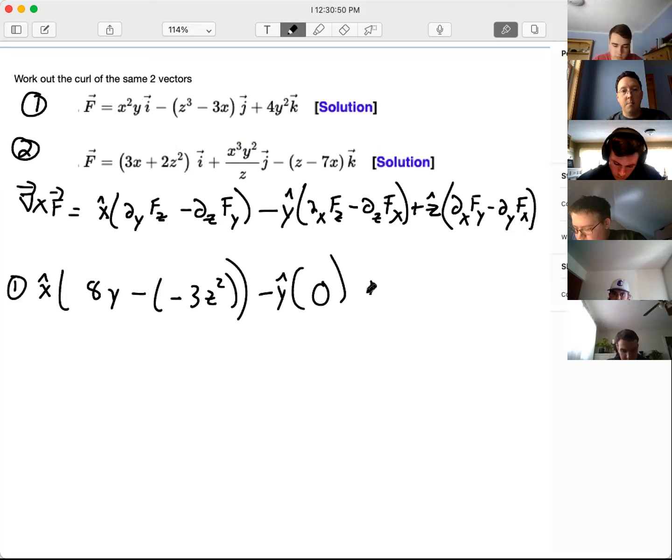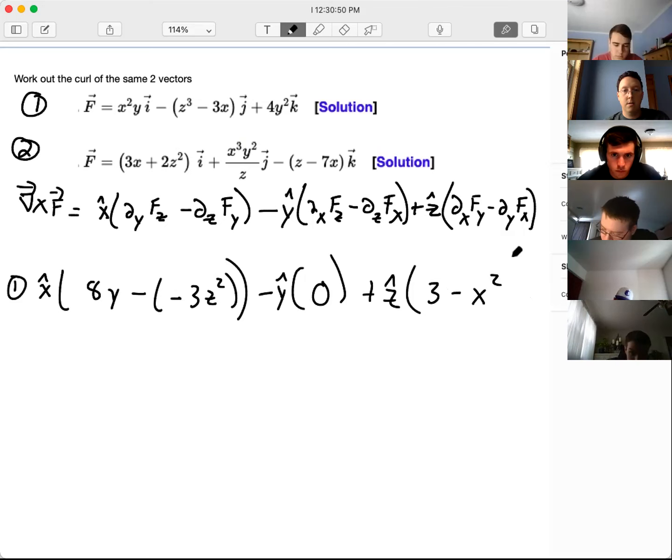And then I get plus z hat. So I'm going to get partial x on the y component. I've already got 2 minus signs there, so that's just going to be 3 minus partial y on the x component, which is x squared.